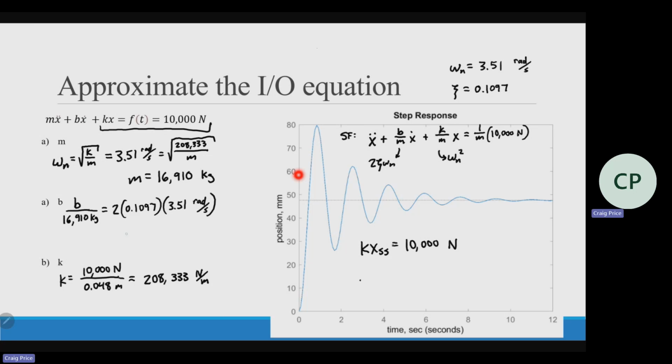Then we're going to solve for B. And I got 13,022 newton seconds per meter.